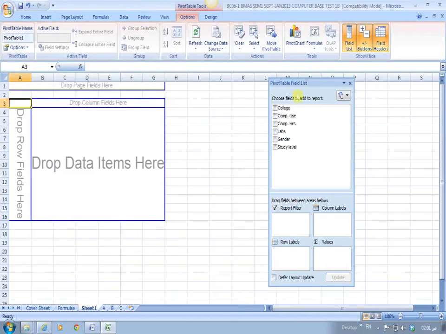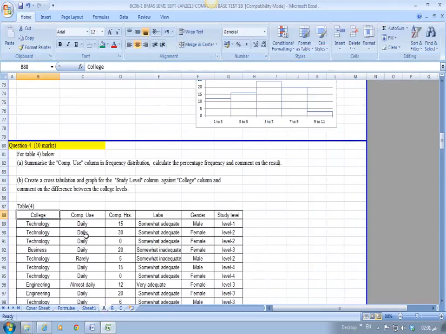In the new sheet you'll see these are your fields, and the first question is the use of the computer. If you forget, you just click and see what is required in the question. What is required is to summarize the use of the computer, which means that we want to see how many, so we are using count.